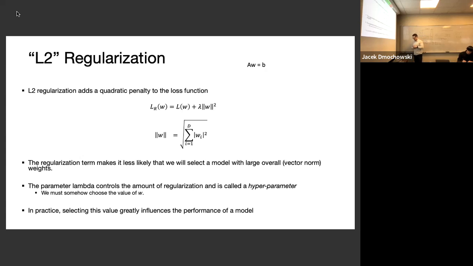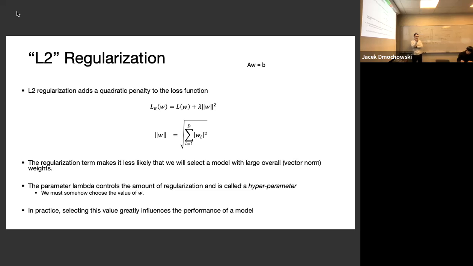The art here is that now we have a new parameter, which is the lambda. The lambda is called the hyperparameter, a term you've encountered if you've done any reading on machine learning on your own time. It's called a hyperparameter because W is your parameter, W is your model. Lambda is a different type of parameter.